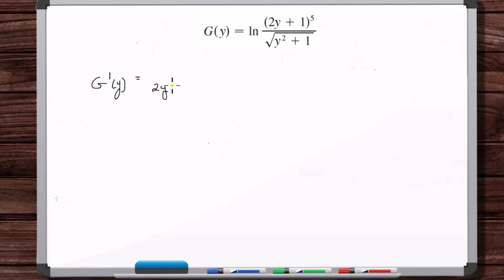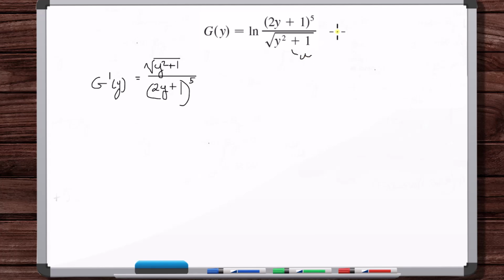So 2y plus 1 to the 5th, right? That's 1 over this. You just take the reciprocal times the derivative of that something. So this is confusing, right? All of this inside here is like, well, let's call it u, right?